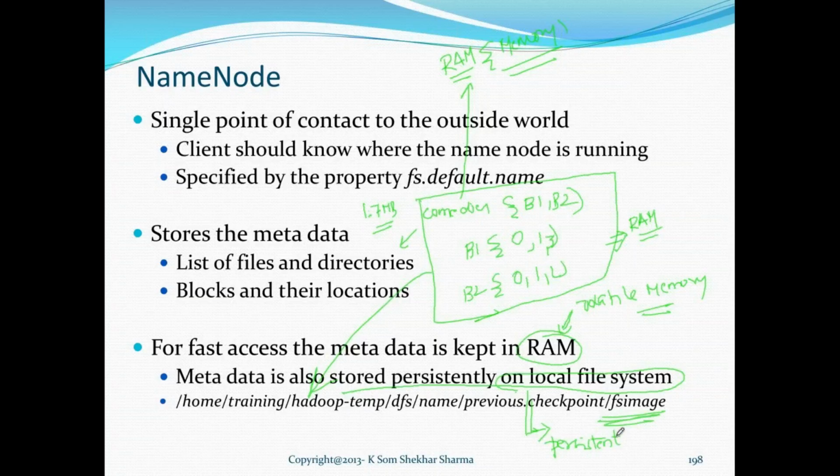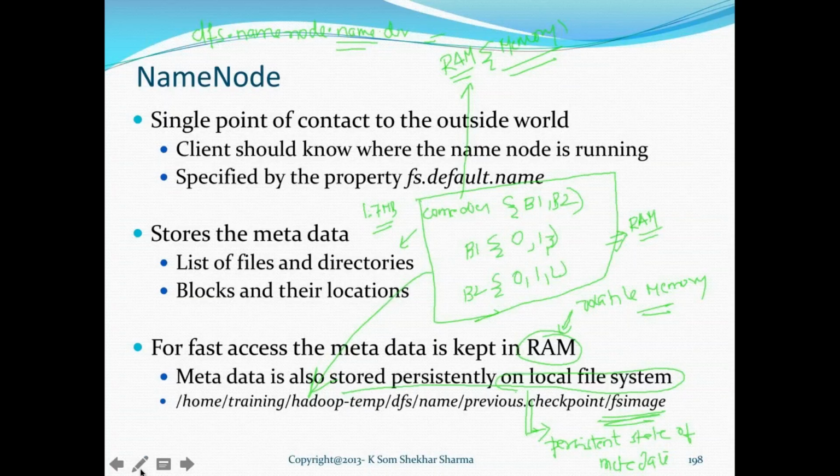This fsimage file is your persistent state of metadata. My cluster is not running, or I would have shown you where to find this file. If your cluster is running, you can check the value of the property dfs.namenode.name.dir, go inside whatever directory you have given, and you will see that there are two files over there.